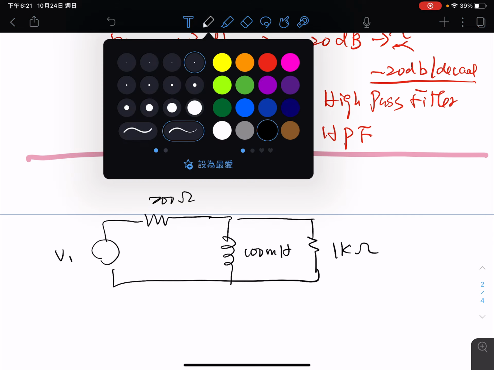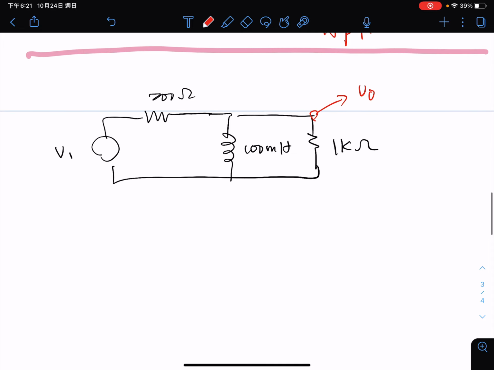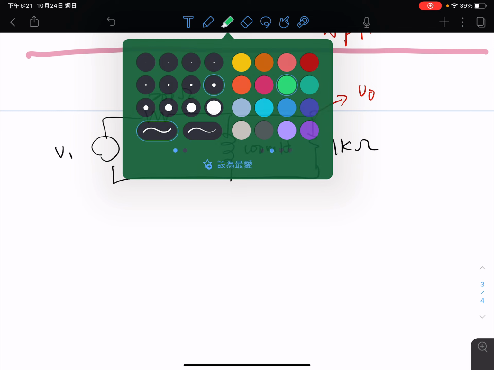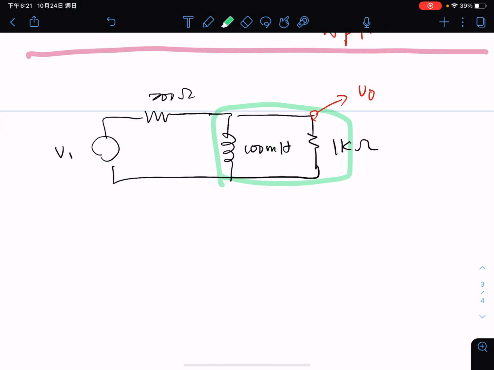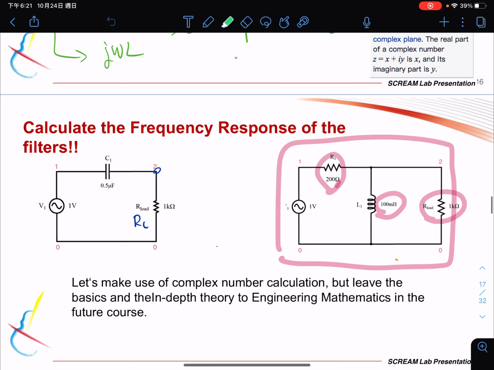This will be the V out. Okay, this is just V0. That's enough. So we can put in parallel these two elements. First I make sure that my writing is correct. 200, right?